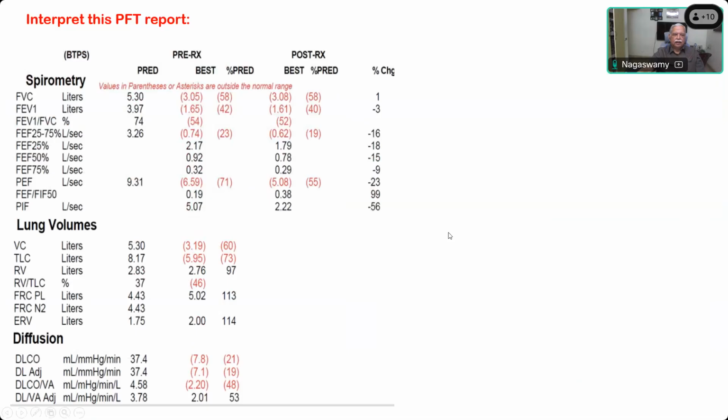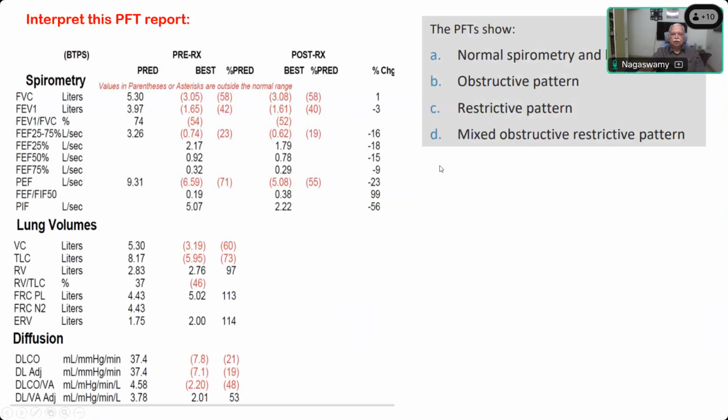Now this is a second case scenario where you have all these values. The options here are again normal, obstructive, restrictive or mixed pattern. Taking the FVC value, the predicted value is 5.03, but the patient's best effort gives only 3.05.